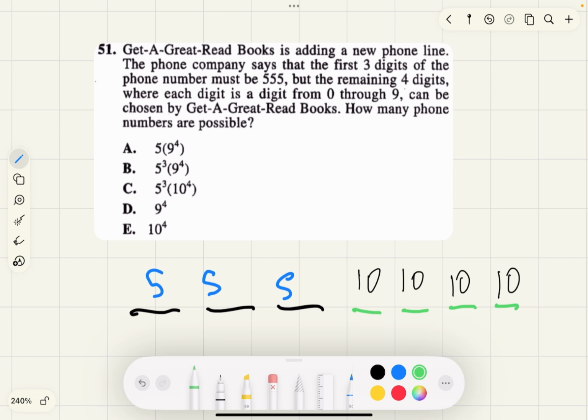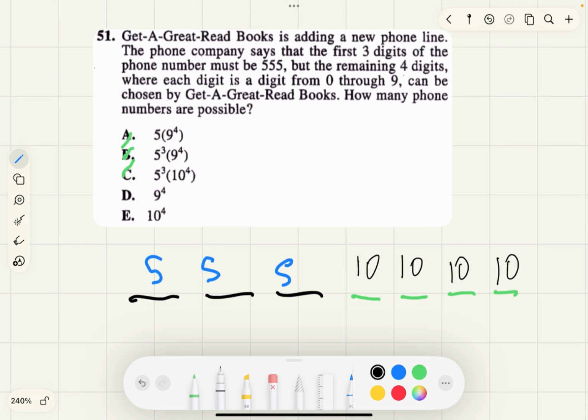Now, a common trap right here would be choosing A, B, or C. And the reason this would be a common trap is because, well, let's look at the first 3 digits, right? Did we have any real say within these first 3 digits? How many digits have we had the option to choose from?